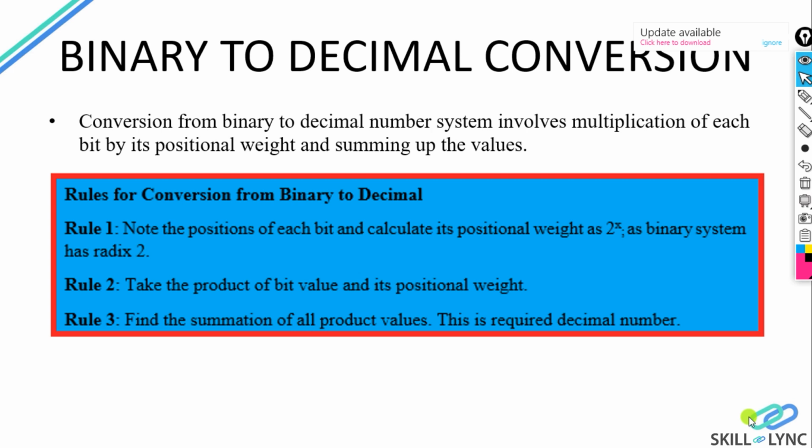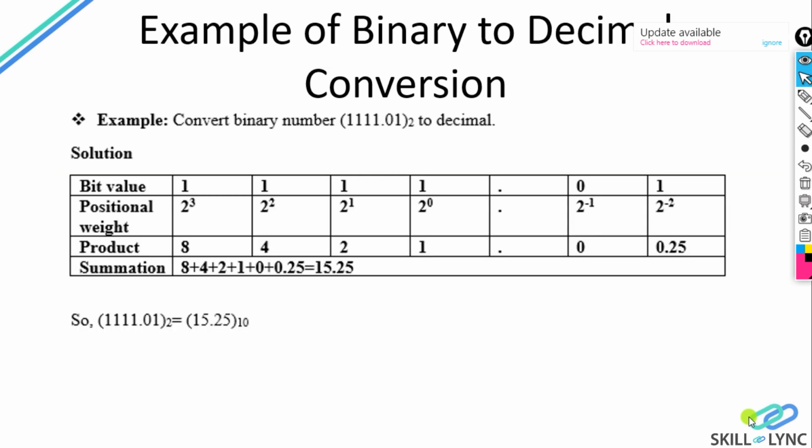Let us understand the same concept using some example. Let's take an example. We want to convert 1111.01. Understand this thing: after the bracket, this 2 represents it is a binary number.